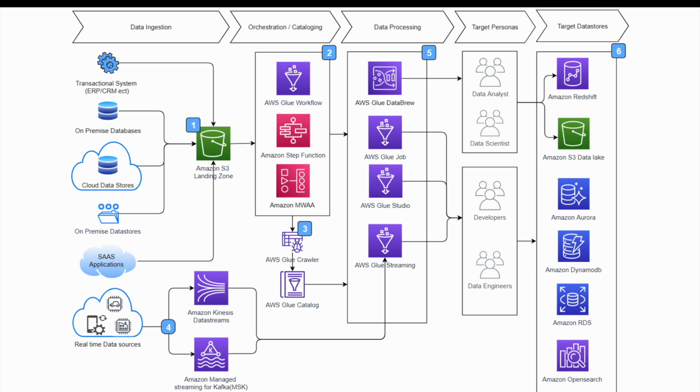Here for job orchestration, we use AWS Step Functions. As you can see, for data processing we use Glue DataBrew, Glue jobs, and Glue Studio. The job orchestrator triggers a Glue workflow to crawl the location of the file and build or update the Glue Data Catalog.